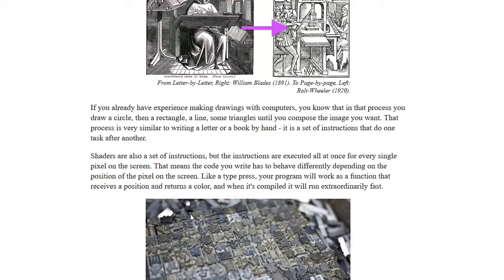An important point, at least for me, is that it mentions that the lines of code that you write in the shader are executed on each pixel on the screen. The shader takes a position and returns a color. So, at the end, the result of the shader is just a bunch of color pixels on a certain position, an image.